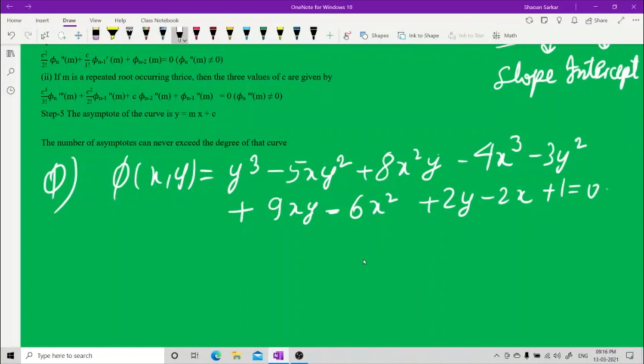So now here in this case, what you do is that you write phi. What is the highest power here? 3. Total power 3.